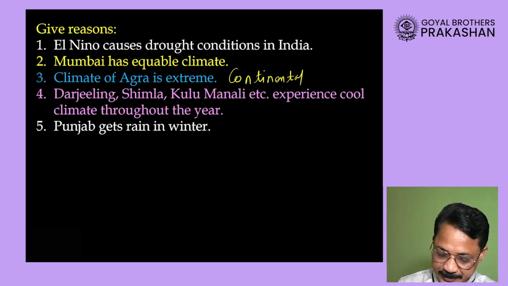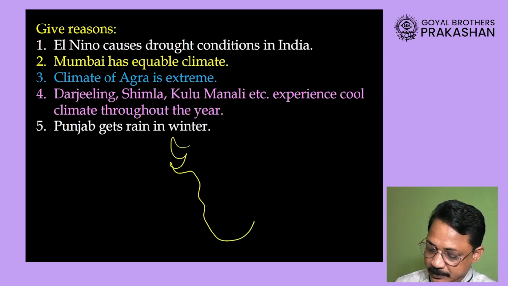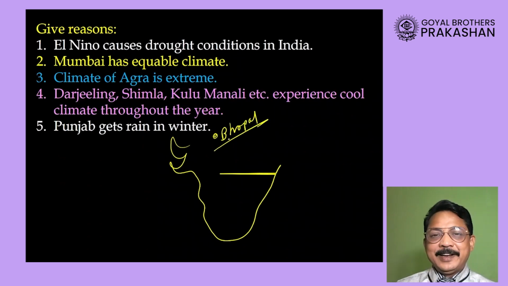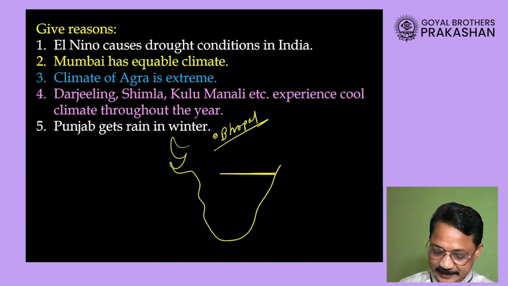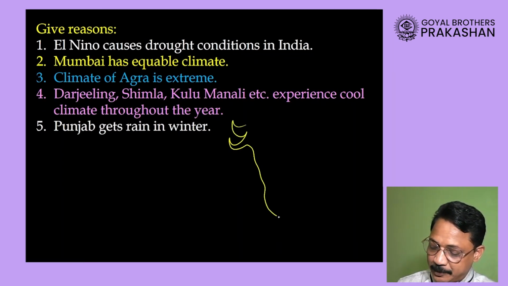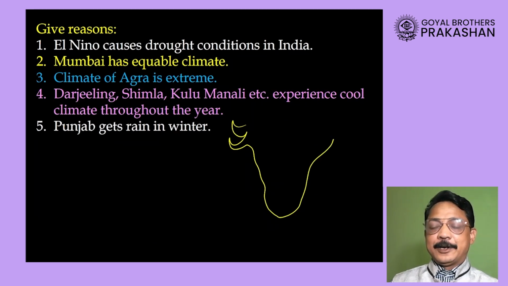Now you must have guessed correctly that instead of Agra, if the question comes, why does Bhopal experience extreme climate? Okay, I hope you will be able to answer this question. Again, the same way you will write down, Bhopal is located away from the moderating effect of the sea in the interior part of India.